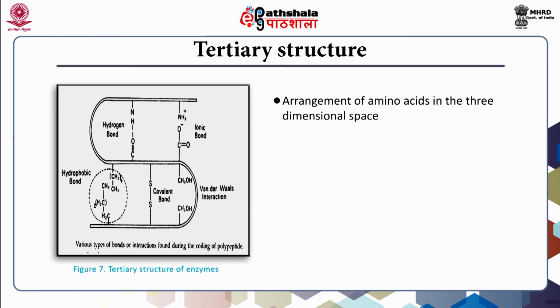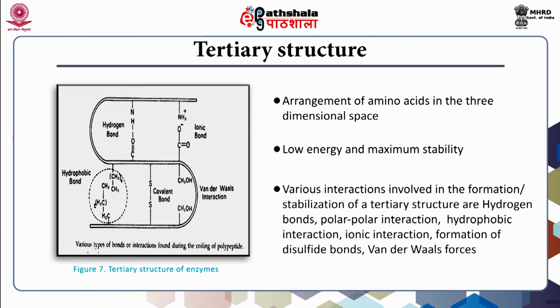The protein molecules arrange themselves three-dimensionally in such a way so as to achieve low energy but at the same time maximum stability. The various interactions involved in the formation or stabilization of the tertiary structure are hydrogen bonds, polar-polar interactions, hydrophobic interactions, ionic interactions, formation of disulfide bonds, or van der Waals forces.